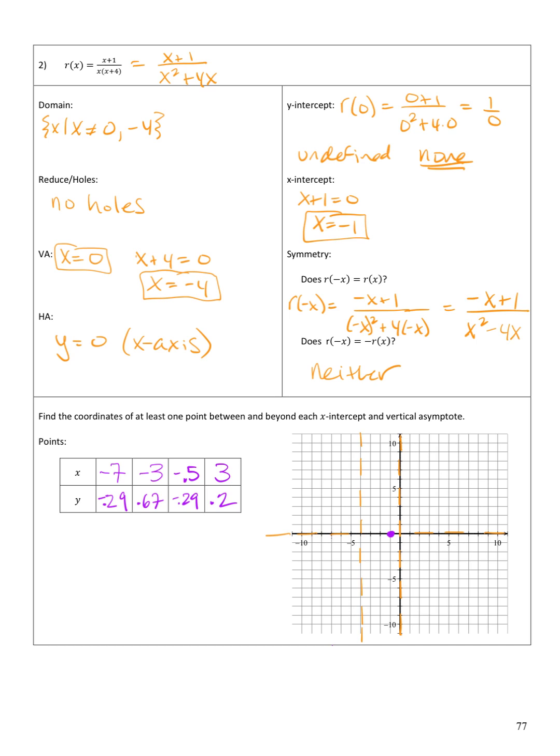So just barely negative there. And then negative 3, about 2/3, almost 1. And then negative 1/2, negative 0.29, so barely negative. And then 3, 0.2, barely positive.